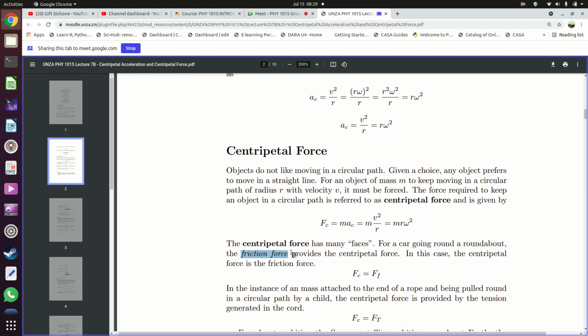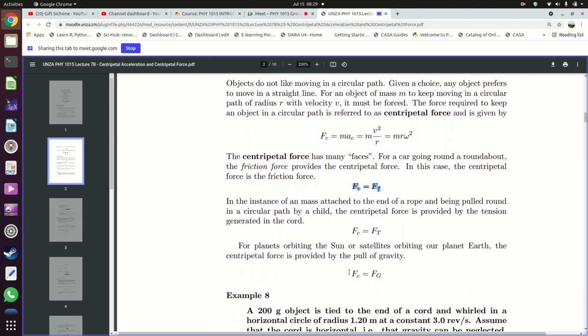So this F_c, which is equal to ma, is the friction force. So we write F_c is equal to the force of friction. Are we clear? Centripetal force has got many faces, depending on what's going on.